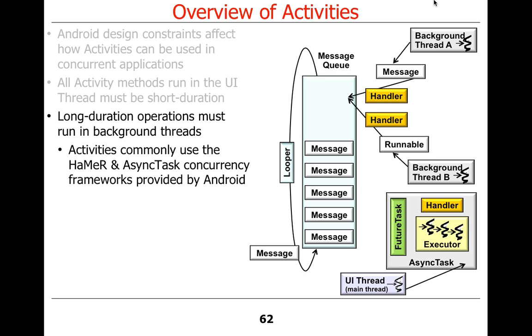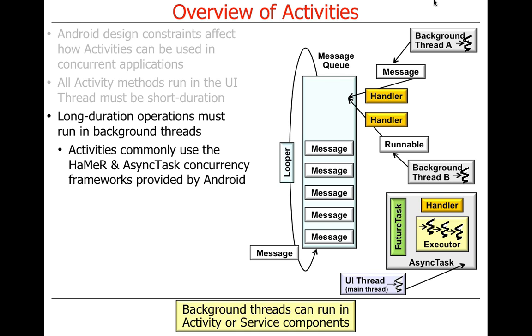Or you use async task. The async task framework has very similar semantics to the Hammer framework, but it's more sophisticated. The framework does more for you. So you can use the async task framework without knowing about handlers, threads, messages, or runnables explicitly. That's all hidden from you, from the cool way that it works. And we'll talk lots and lots more about that stuff.